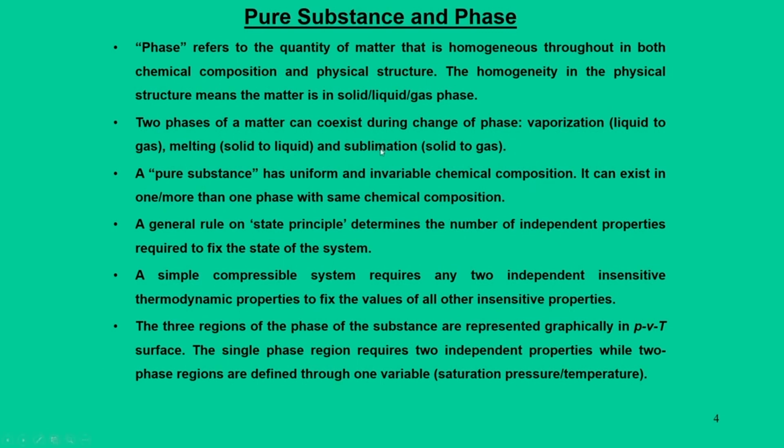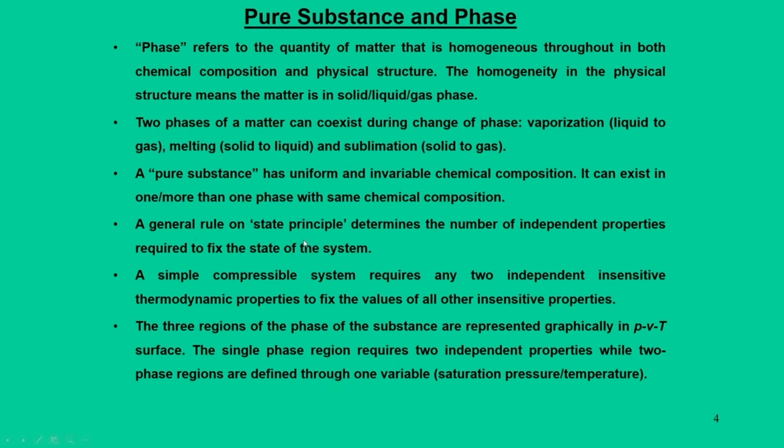Now, for all these phases, when you define a pure substance, it has a uniform, invariable chemical composition, and it can exist in one or more than one phase with the same chemical composition. And we all know that a pure substance is represented through the PVT diagram, the pressure-volume-temperature diagram.